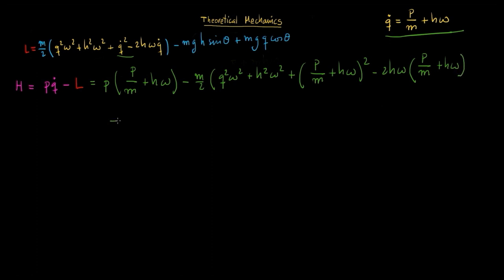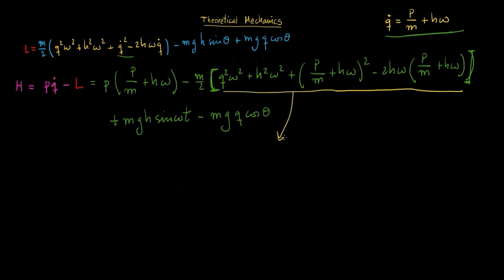And now minus, so plus m g h sine theta, but theta is omega t, and minus plus, so minus mg q cosine theta. So we are going to expand this expression.